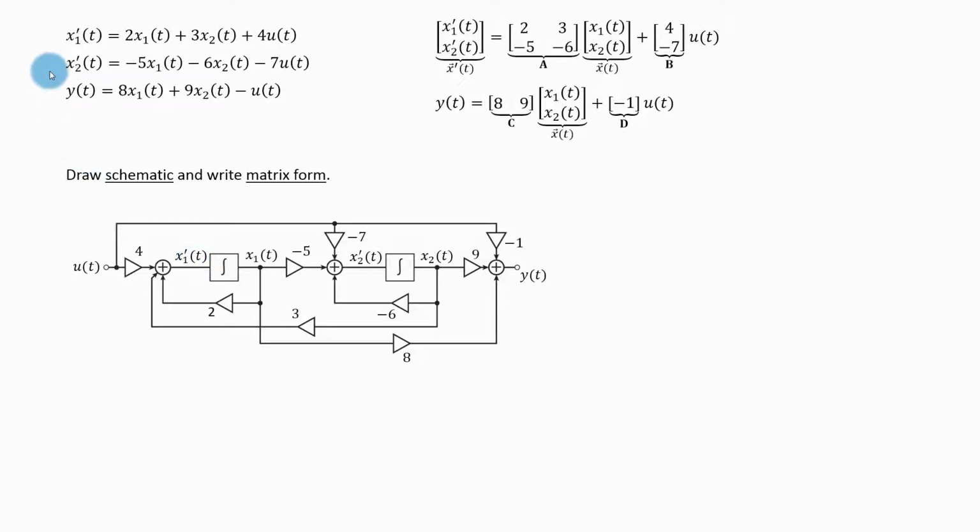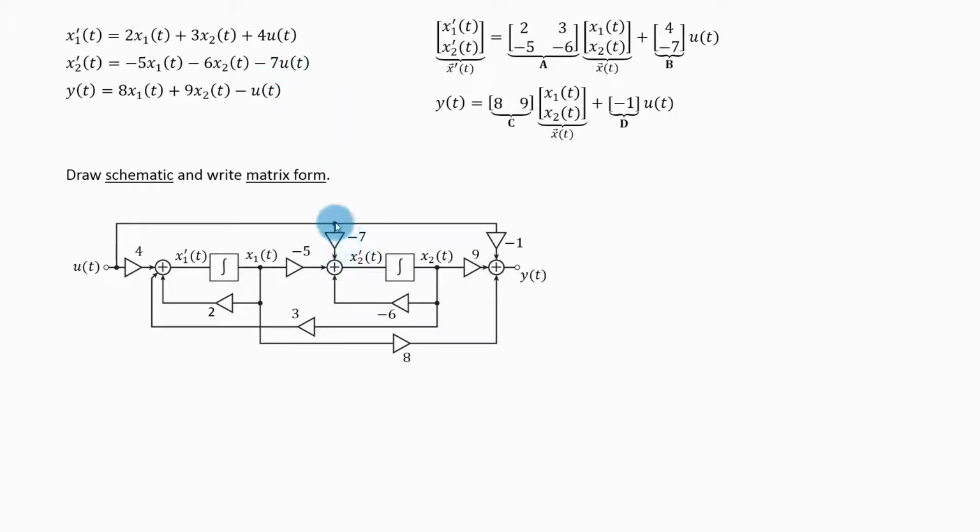Now the derivative of the second state variable is equal to minus 5 times x1 of t plus minus 6 times x2 of t plus minus 7 times u of t.